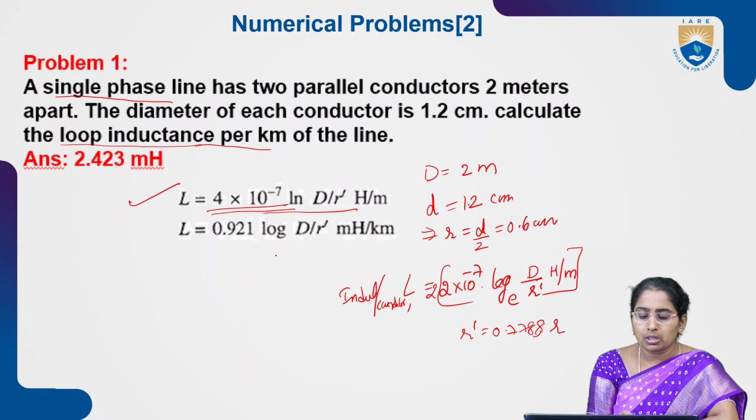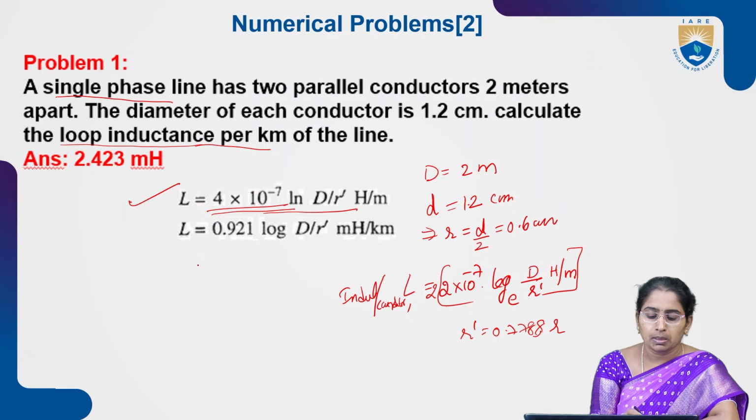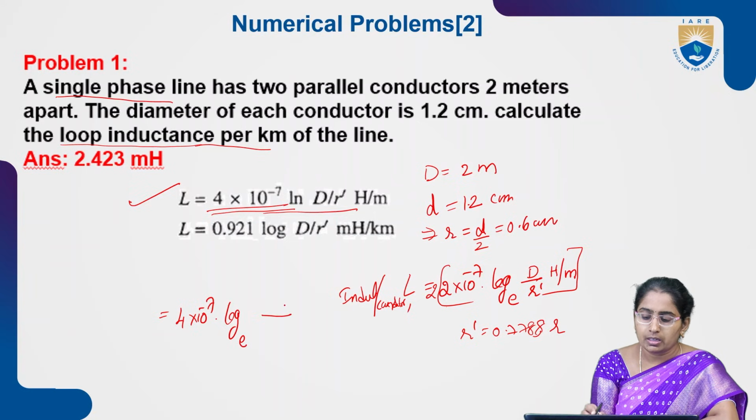Now substituting all the values, in Henries per meter: 4 into 10 power minus 7 log base e, D is in meters, 2 meters, and what is R dash? 0.7788 into R, where R is 0.6 centimeters.